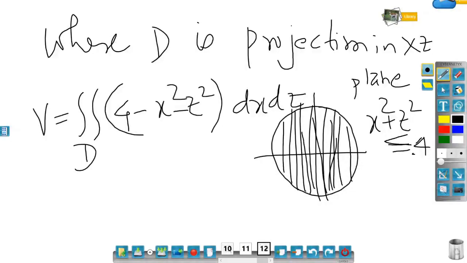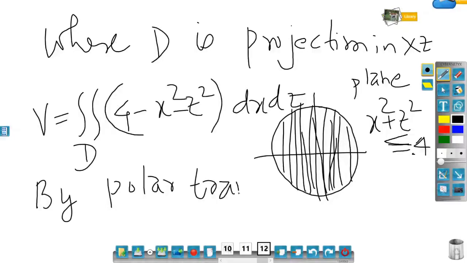Now since we have a disc, whenever we have a disc, we should always apply a polar transformation. So let's apply the polar transformation. Polar transformation means here I will take x is equal to r cos theta, z is equal to r sin theta, and the Jacobian here will turn out to be again r.